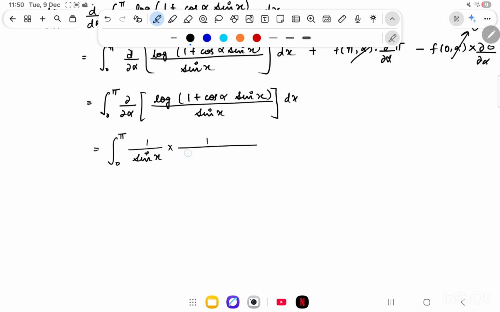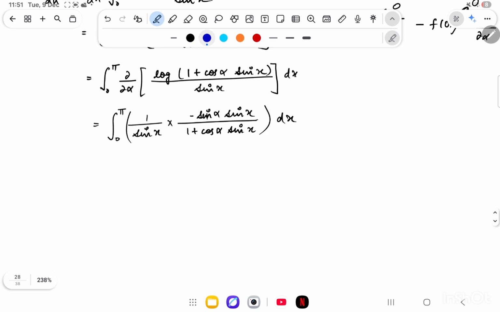So it will be 1 divided by 1 plus cos alpha sin x. Now differentiation of cos alpha will be minus sin alpha, and since sin x will act as constant, it will be equal to this. Now I can balance out this sin x with this one, so I'll be left with integration from 0 to pi minus sin alpha divided by 1 plus cos alpha sin x dx.